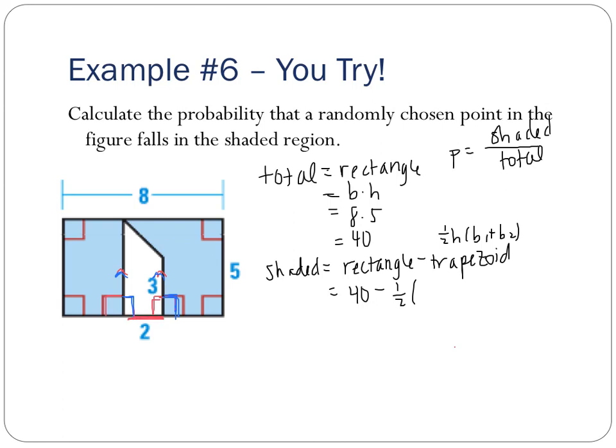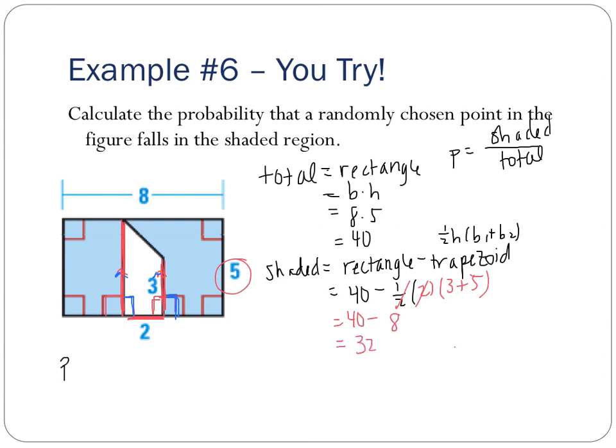It's the segment connecting the two bases, so our height is 2. Our bases are this right here, which is 3, and this base right here, which is just the side length of the rectangle, which is 5. So I have 40 minus 1/2 times 2, which is just 1, times 3 plus 5, which is 8. So 40 minus 8 is 32.